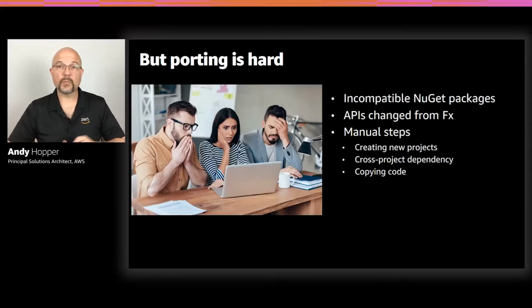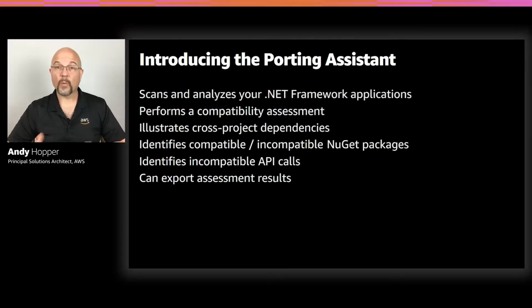Well, this is where the porting assistant comes in. It will scan and analyze your existing solutions and projects, and perform a compatibility assessment to make sure that it's going to be able to be ported over into .NET Core. It'll also find out what the cross-project interdependencies are to help you understand where you should focus your efforts first. It'll also tell you if you're using any NuGet packages that are incompatible with the .NET Core or .NET 5 runtimes.